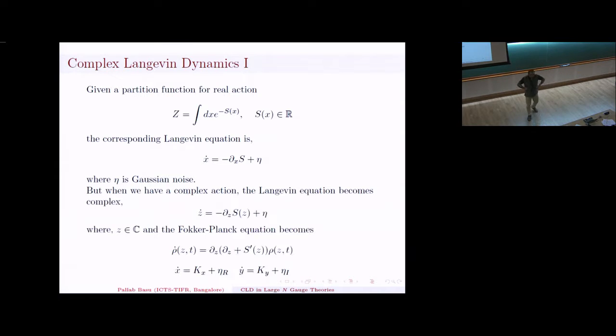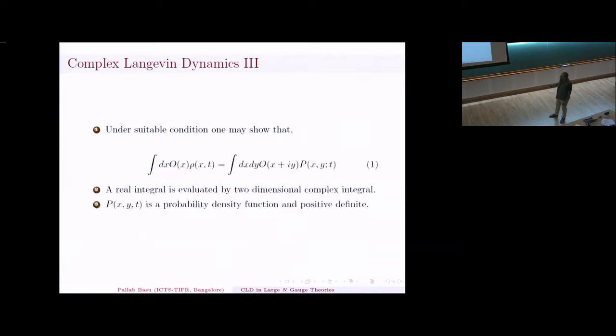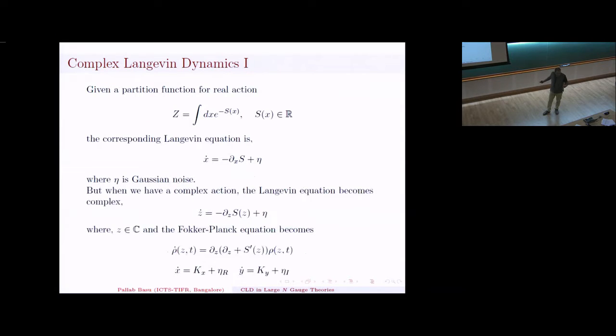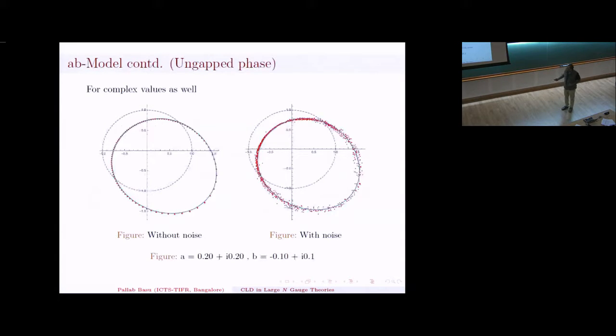This complex dynamics is a dynamics in a two-dimensional plane, so at the end you are expected to get a probability distribution on this two-dimensional plane if you solve the corresponding Fokker-Planck equation. Let us call this probability distribution P(x,y;t). The claim is that when you integrate an operator over this probability distribution, that actually produces the expectation value of the operator O for the original action. I'm not going into the proof of it.